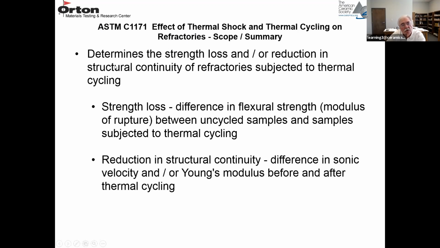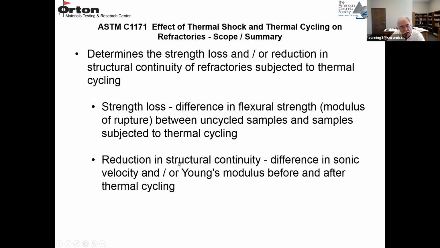So what you do in this test is you determine the strength loss or reduction in structural continuity of a refractory subject to some type of thermal cycling. You can measure the strength loss, so the difference in flexural strength, and the three-point bending is just called modulus of rupture. So the difference in flexural strength between an uncycled sample and a sample that you thermally shock.